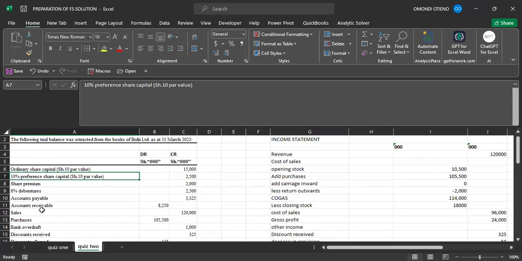Under what circumstance will we consider preference share capital as non-current liability?